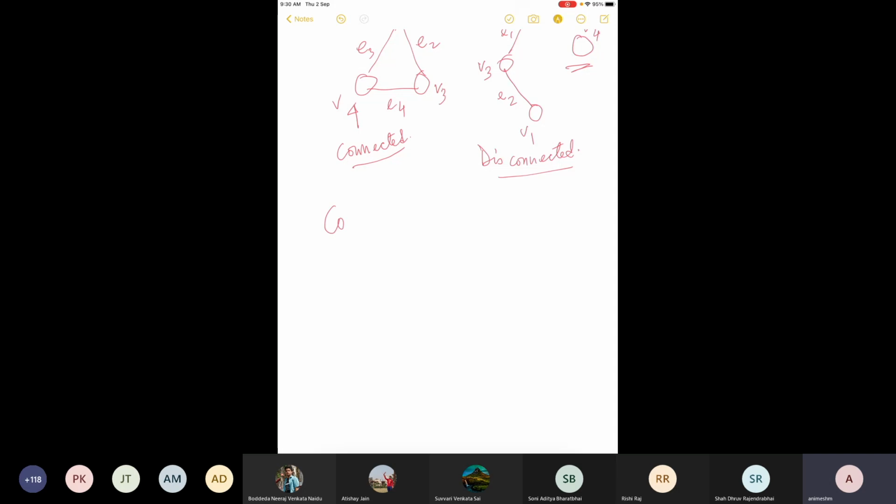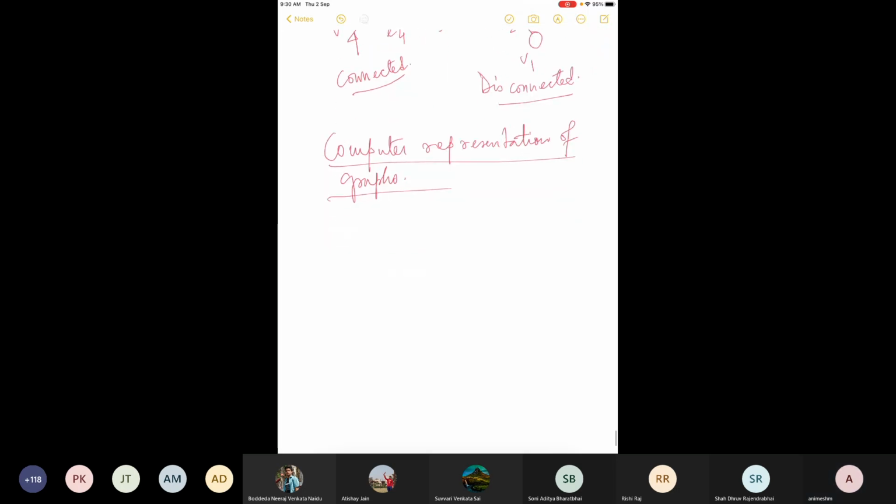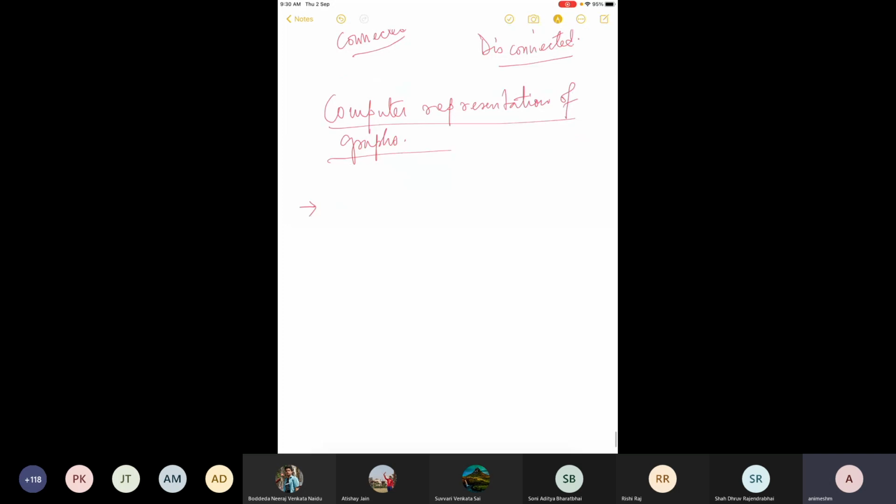So now we'll talk a little bit about computer representation. How do you represent a graph in a computer? There are two different ways of doing this. One is called an adjacency matrix.